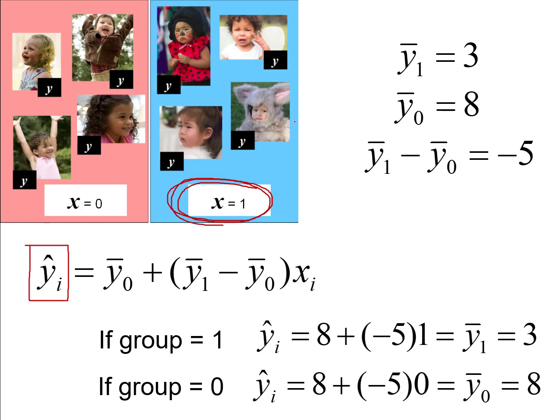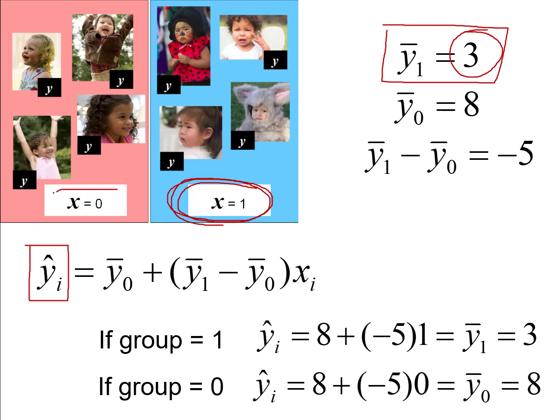The mean happiness level for the children in our treatment group was a 3. Y bar for group 1 was a 3. So that means for every child in group 1, that child's predicted level of happiness will be a 3. We're going to predict the mean for group 1 for every child in group 1.